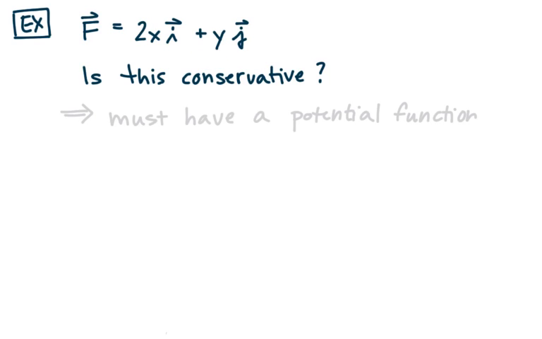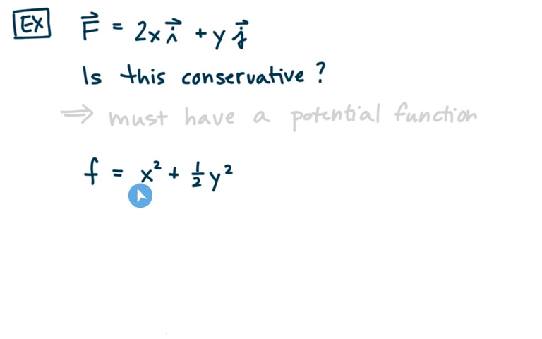Now this could be kind of tricky for us to do because there are a lot of different functions. We're just looking for, in a sense, a potential function. So for example, we could say little f might equal x squared, because the partial of x squared with respect to x is going to give us 2x. And then a y term, 1/2 y squared.